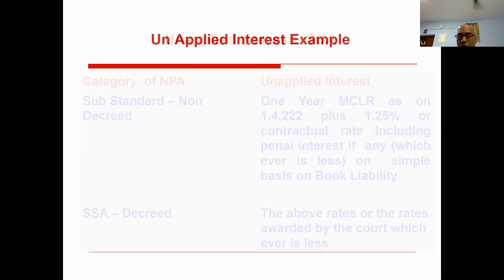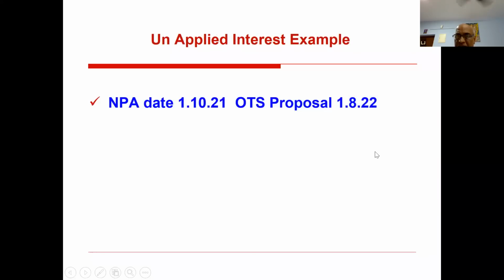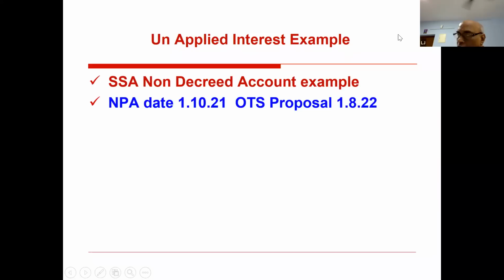Suppose, example I have given, unapplied interest example: substandard non-decreed account. If they give an example with some questions, you should be able to answer. Substandard non-decreed account, calculation of unapplied interest. NPA date is 1/10/2021. Let us assume this is the date on which the last interest debit in the account has taken place.